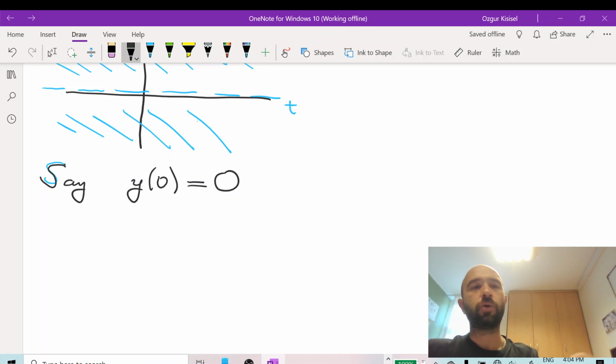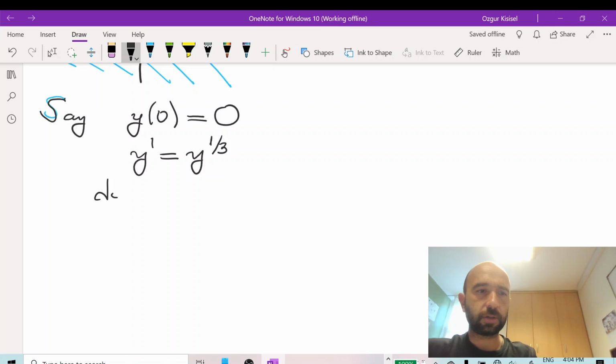So this is on the line where del f del y is not continuous. Now, let's try to explicitly solve this problem and show that there's more than one solution. So let me start over. y prime is equal to y to the 1 over 3.